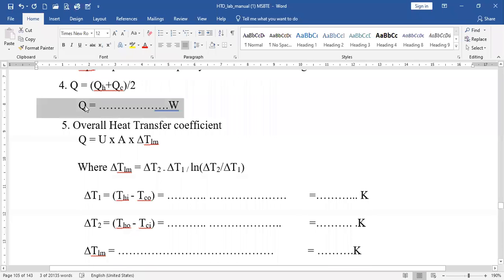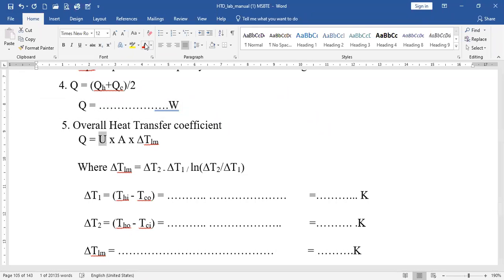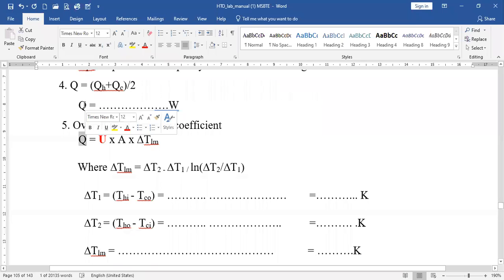Now after calculating this Q, our main aim is to calculate this U, right? So to calculate this U, we must know Q. We can calculate this Q in this way by steps 1, 2, 3, 4. Then we can calculate this area with the help of diameters. We know the diameters, and with the help of the delta TLM formula, we can calculate the log mean temperature difference.